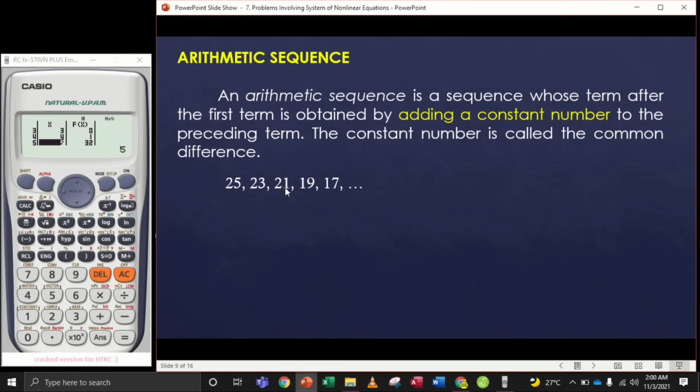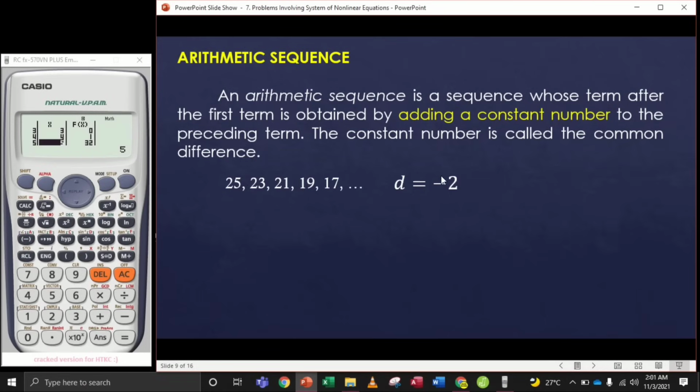And then sa dito ulit, 21 minus 23, negative 2 din. 19 minus 21, negative 2. 17 minus 19, negative 2. So kapag tiningnan natin class, pare-pareho sila ng difference. So, yan yung tinatawag nating common difference. So, yung common difference ng sequence na to ay negative 2.